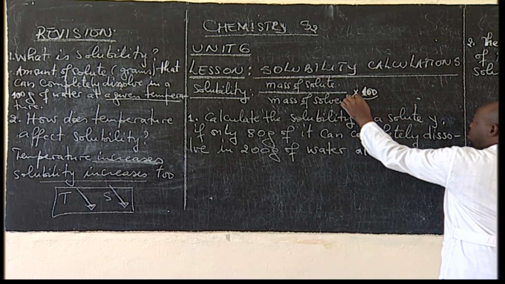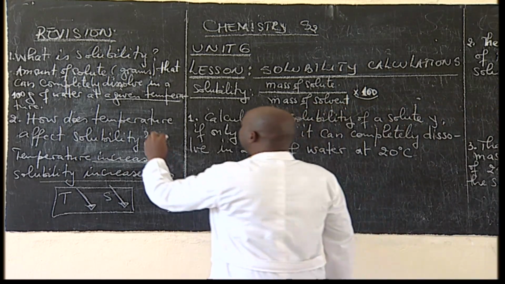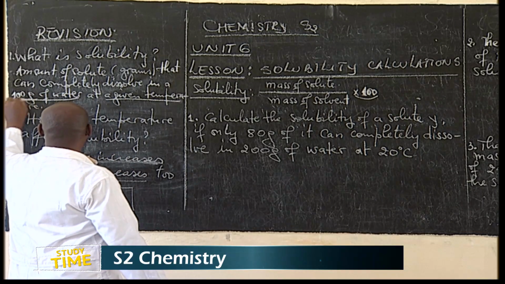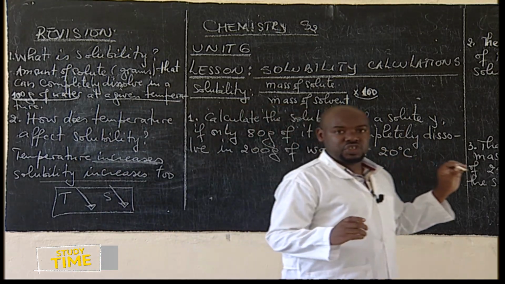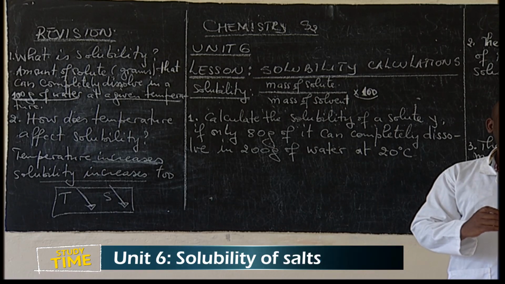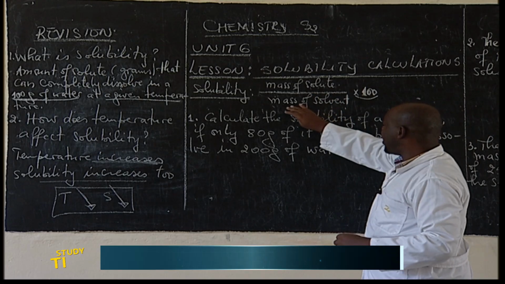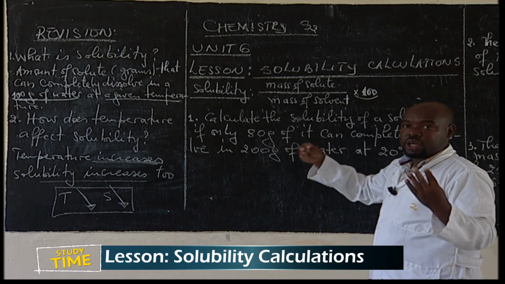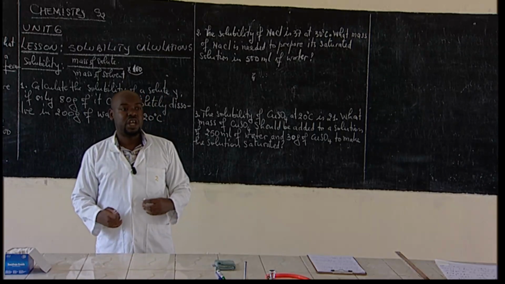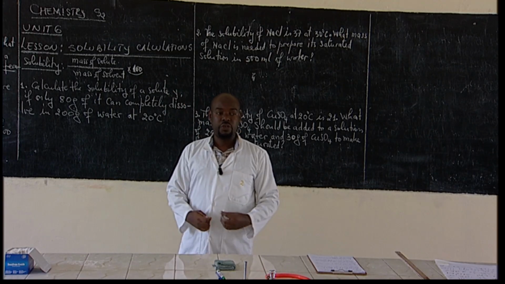Why do we multiply by 100? It's because we consider solubility in 100 grams of solvent. That is our definition. We consider solubility in 100 grams of what? Of solvent. So we take the mass of our solute over any mass of the solvent, what we have, and then we multiply by 100 to consider that solubility in 100 grams of the solvent.